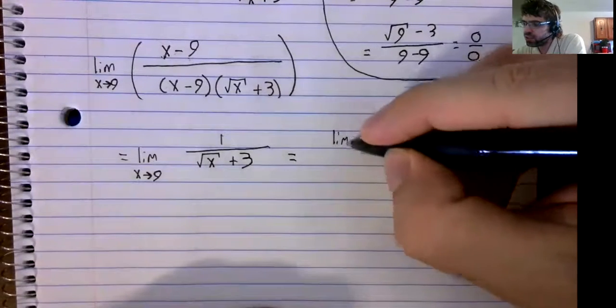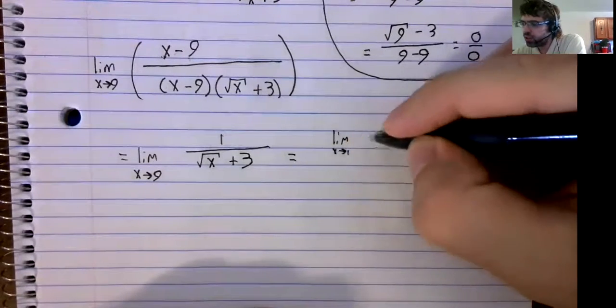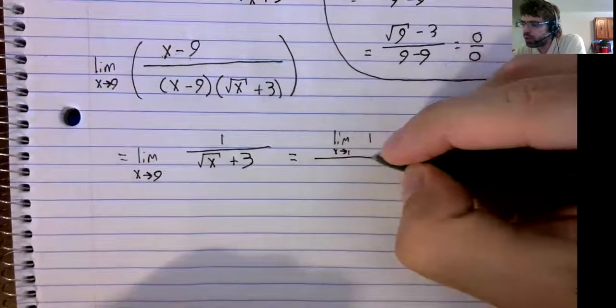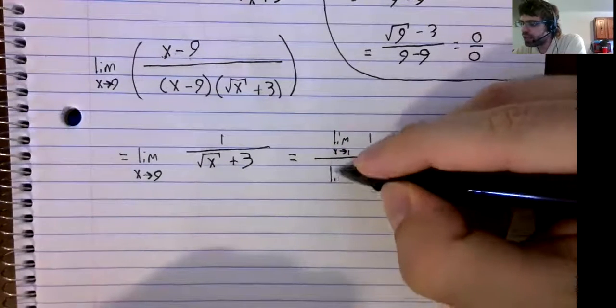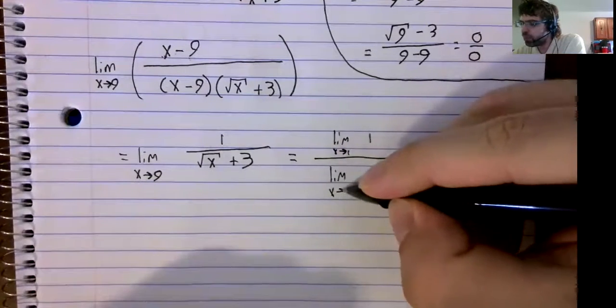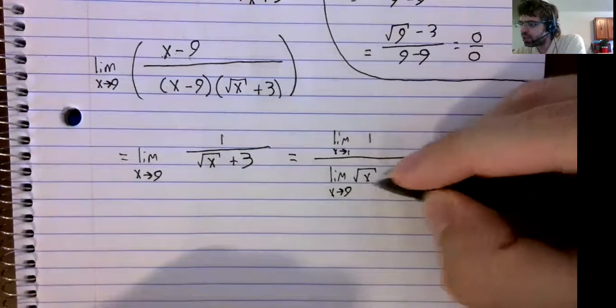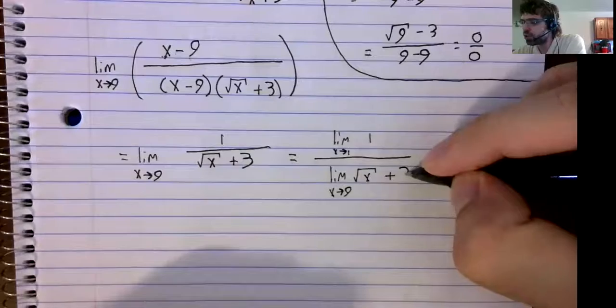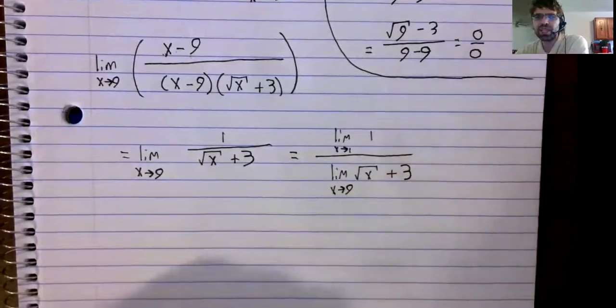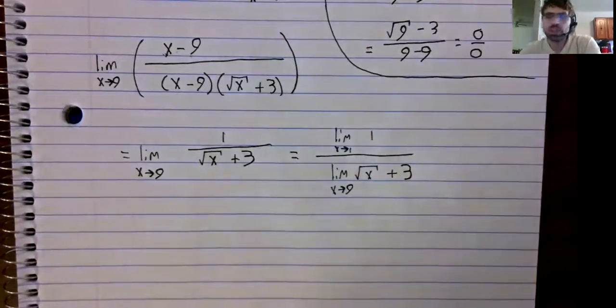This is the limit of the numerator divided by the limit of the denominator, assuming that the limit of the denominator doesn't end up being 0.